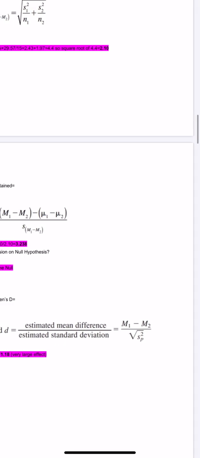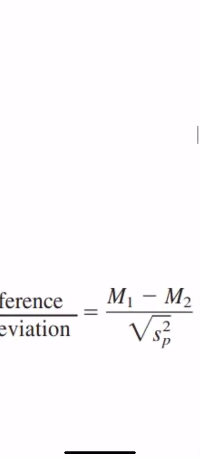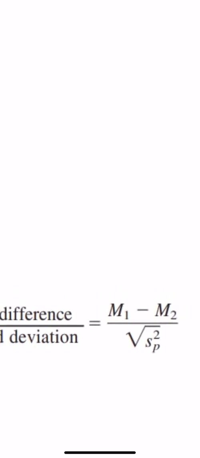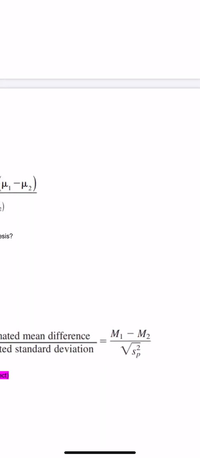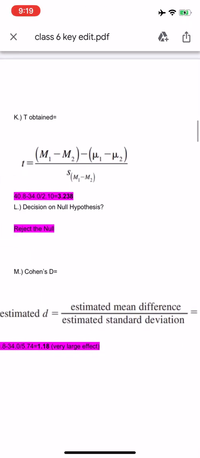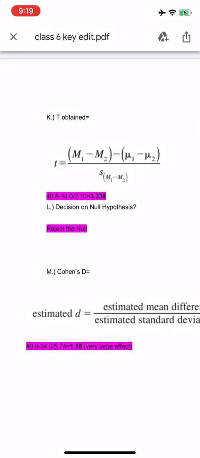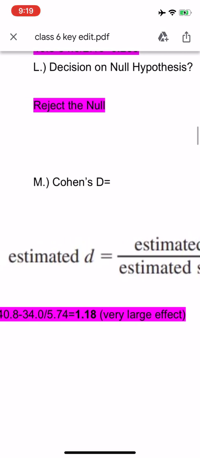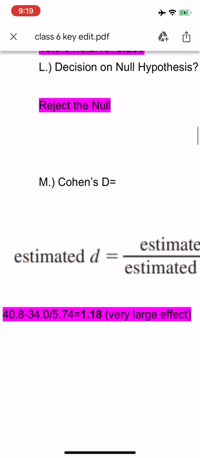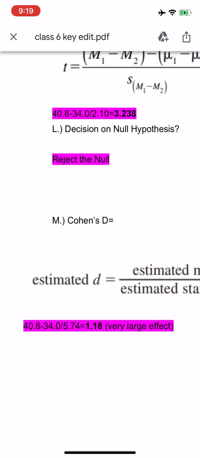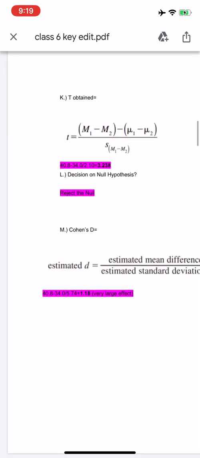And that is simply M1 minus M2 over the square root of the pooled variance, also known as S squared P. So you just do the deviations from the mean, 40.8 minus 34.0 divided by 5.74 equals 1.18. Well, if a large effect is 0.8, a 1.18 would be a very large effect. Moving on.